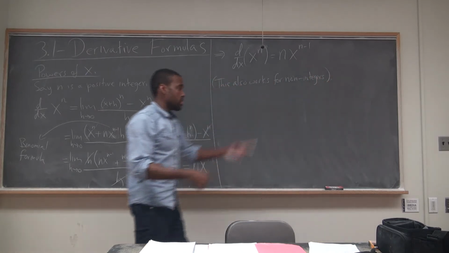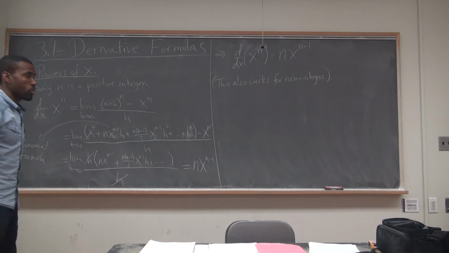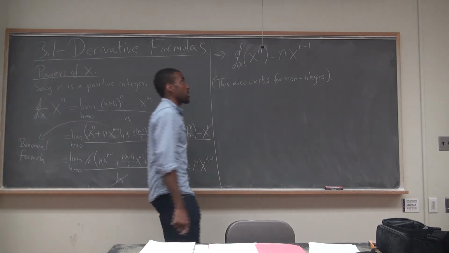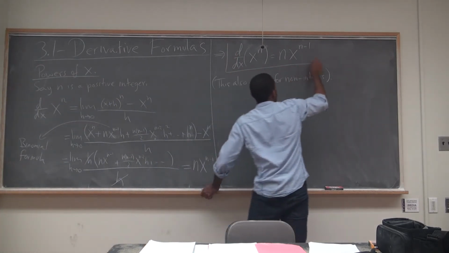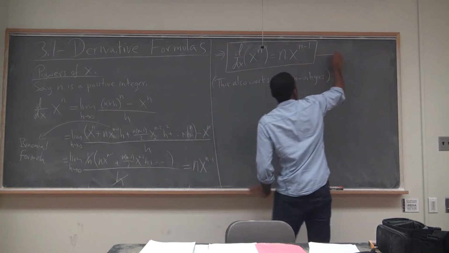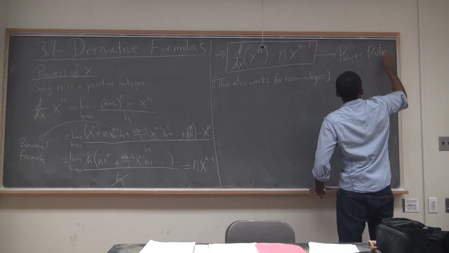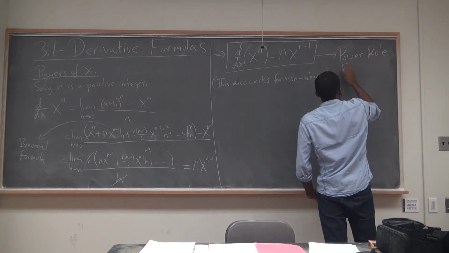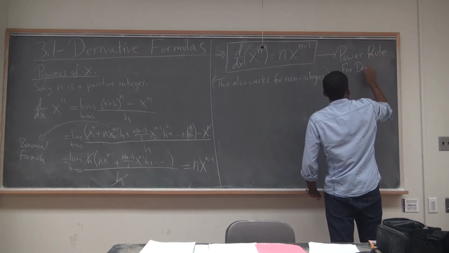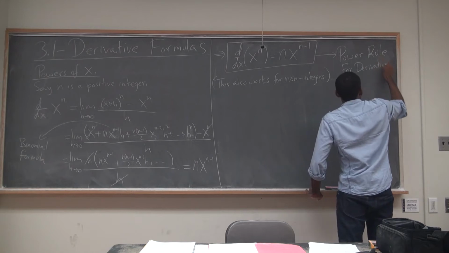To prove that, I need some more advanced derivative techniques, so we won't do that now, but notice that it also works for non-integers. This is a super important rule. It is called the power rule. The power rule for derivatives.